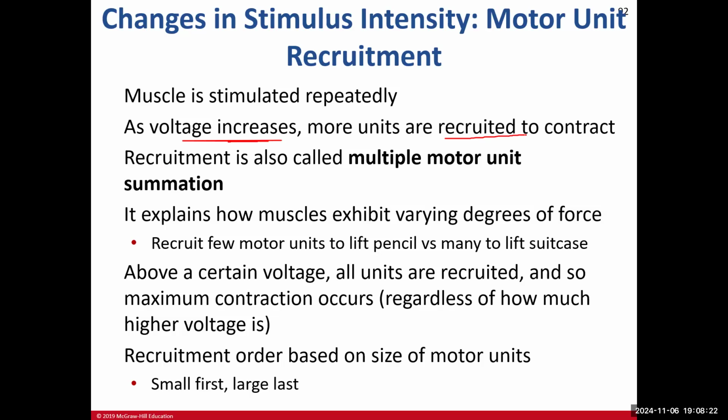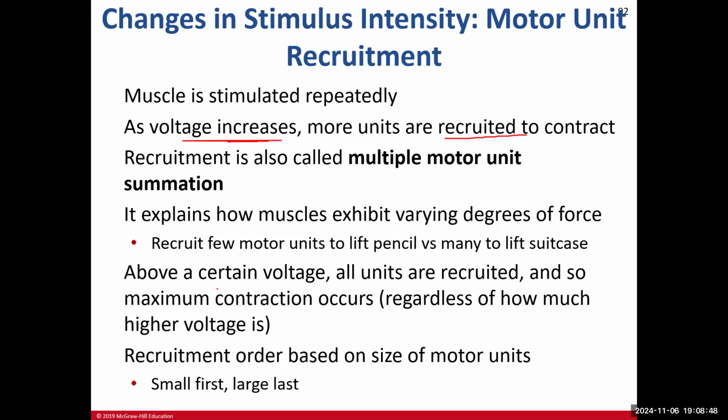So this is what's going on here. The same muscles that you use to pick up that pencil, you're using to pick up a heavy backpack. So that must mean something, okay? Because you don't need as many motor units or as many muscle fibers to pick up the pencil as you do picking up that heavy backpack.